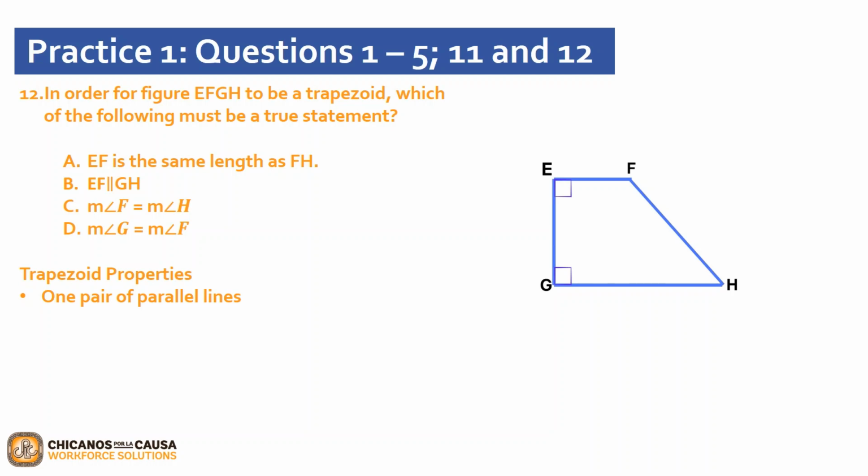EF is not the same length as FH, and the measurement of angle F is not the same as the measurement of angle H, as we saw in the previous problem. And the measurement of angle G does not equal the measurement of angle F. So therefore, our answer is B, EF is parallel to GH.